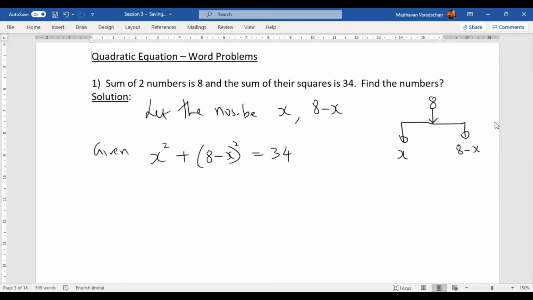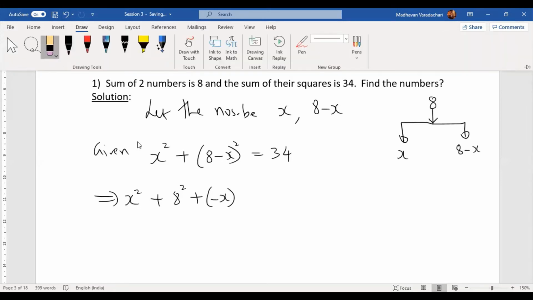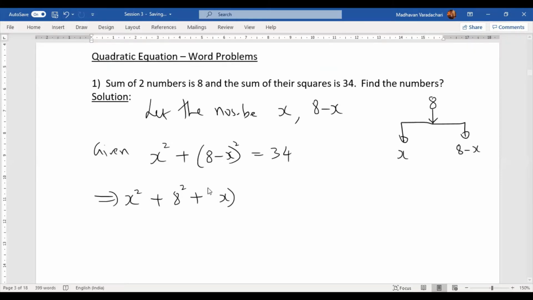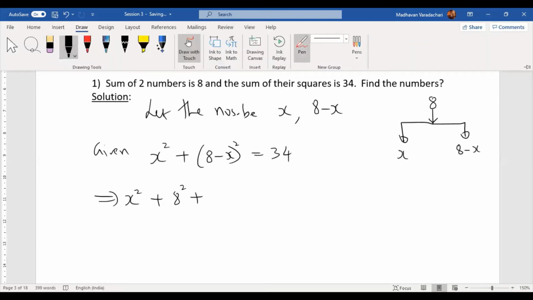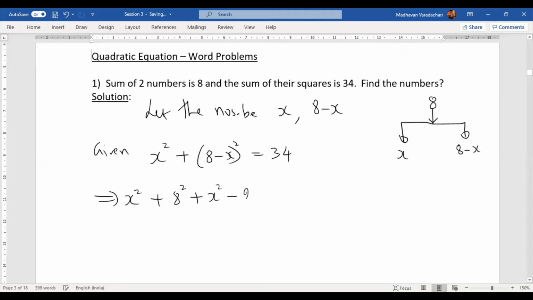Now, if I expand this, I get x square plus, we will use that a minus b the whole square formula, which is a square plus b square minus 2ab is equal to 34.